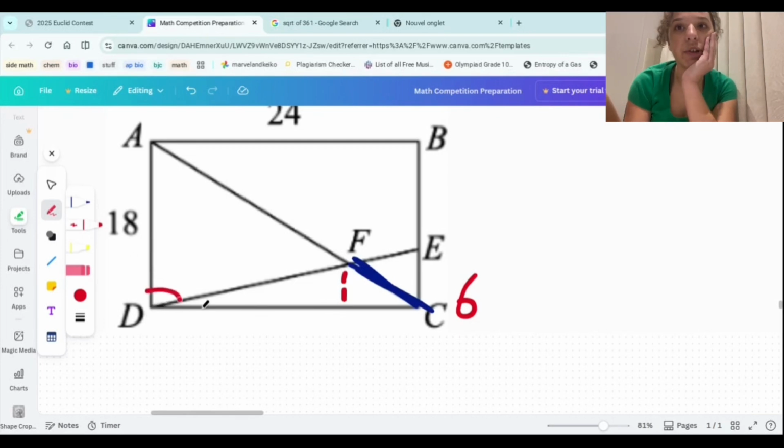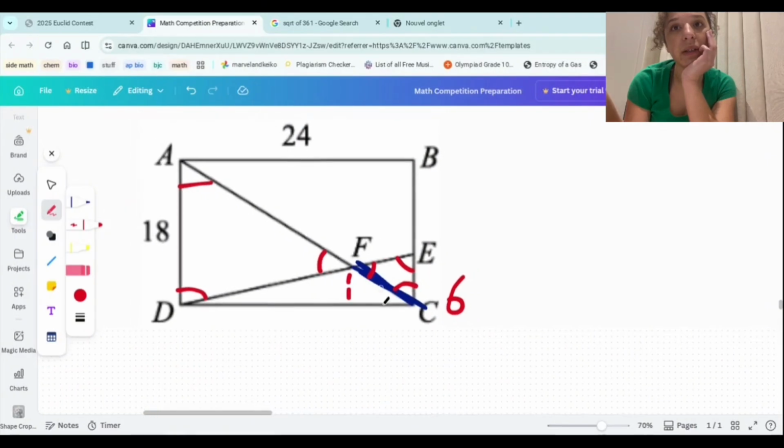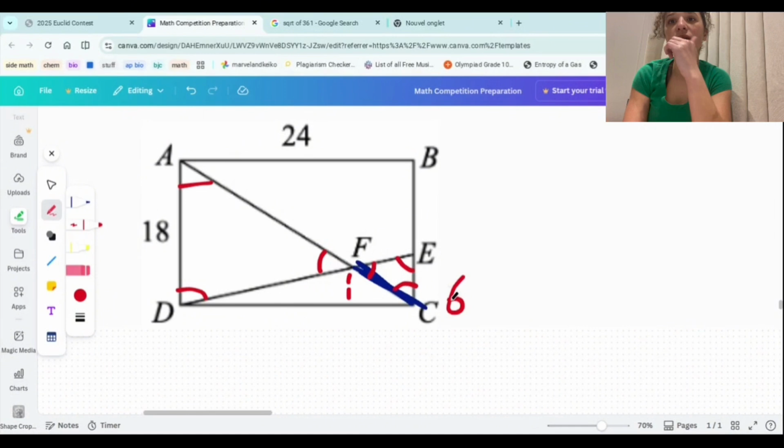Okay, so I know that this angle and this angle are the same, and that this and this are the same. Which also means that these are the same. So these should be similar triangles, just like scaled down versions of each other, I think.